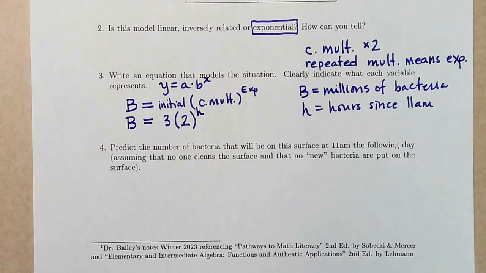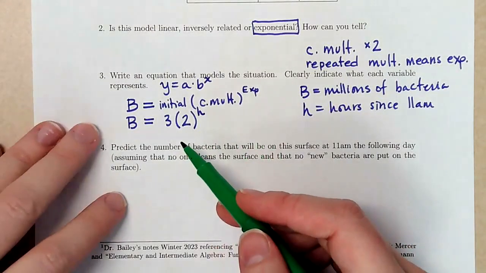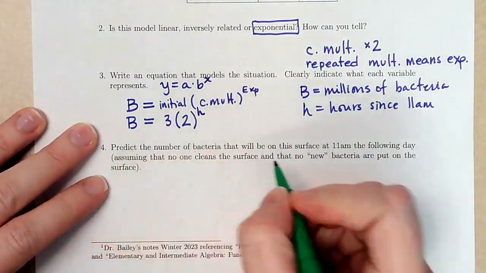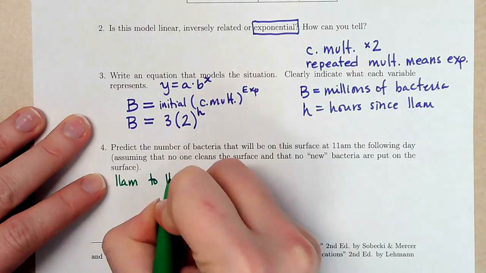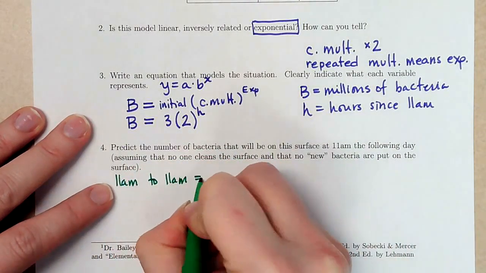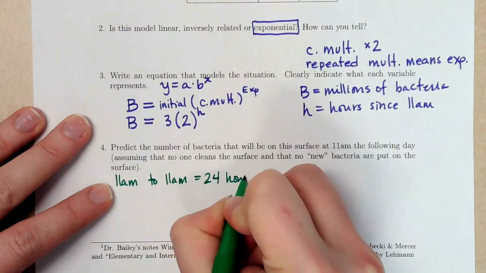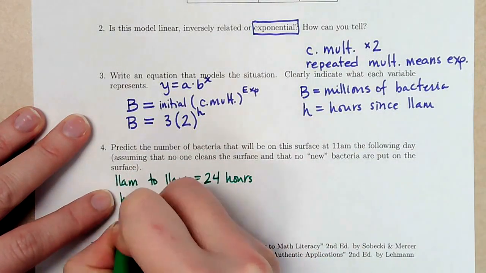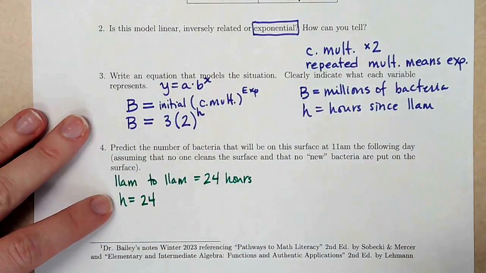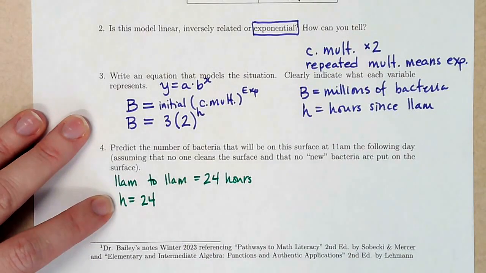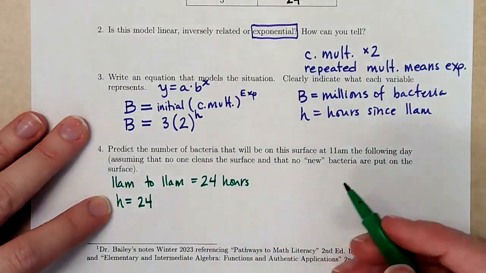So if there's no other changes, we're still following this pattern. From 11 a.m. to 11 a.m., 24 hours have passed. So H is given to us as 24, because that's hours since 11 a.m. the previous day. And so that means we can compute.